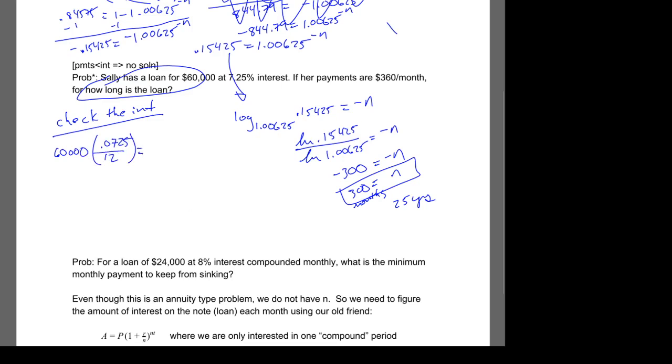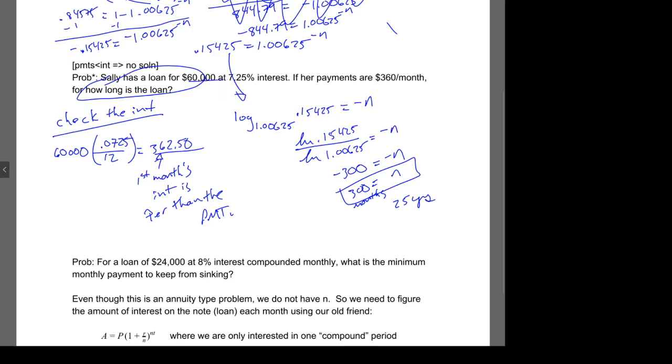And if you check that, you'll get 362.50. So you can see the first month's interest is higher than the payment. And so you will never be reducing your payment. It'll just go up higher and higher.